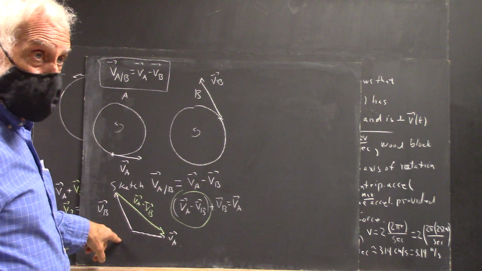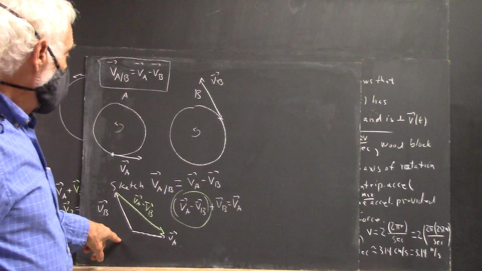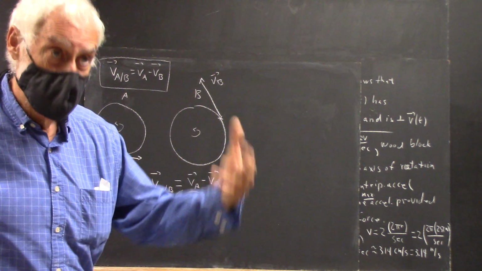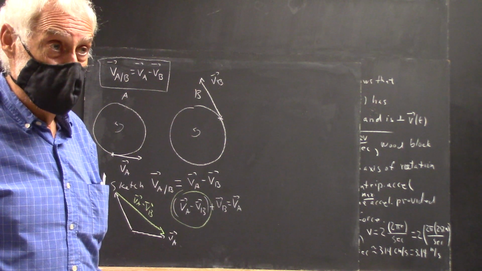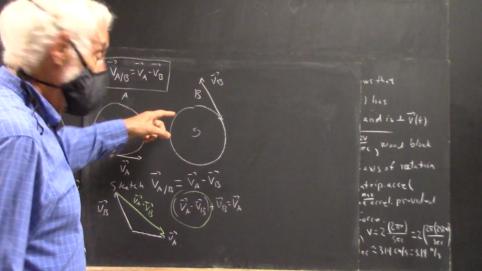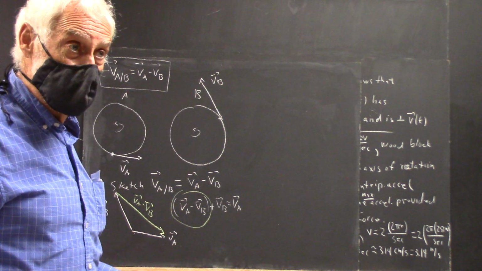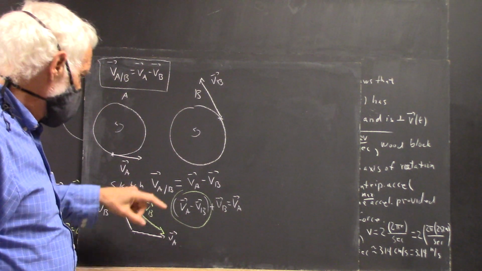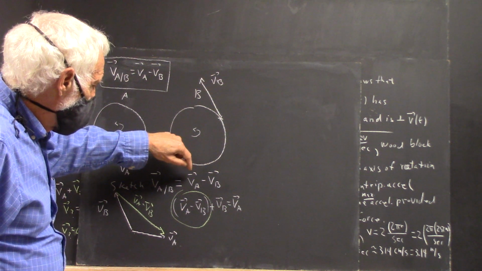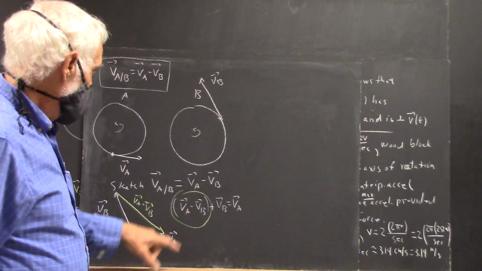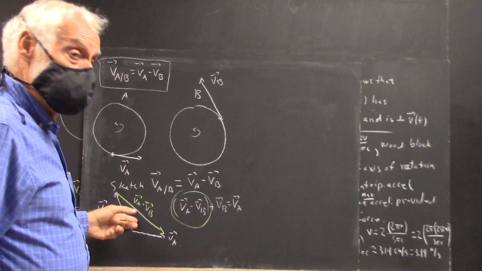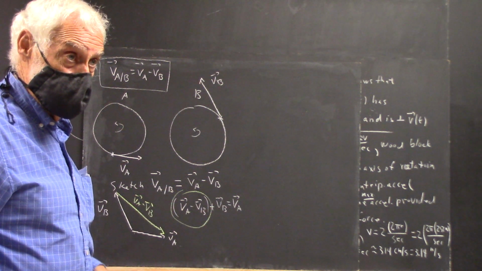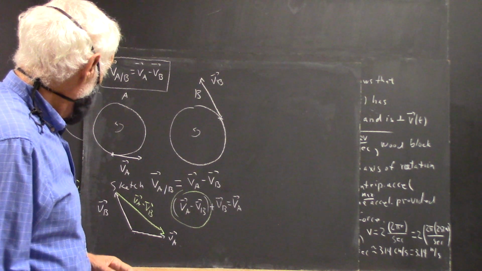Once you've got the picture, you can figure out the components of VA and VB, which is not that hard, so we're not going to worry about it now. You'll be able to calculate VA and VB, just do the arithmetic, and you're going to get this vector. Very simple.